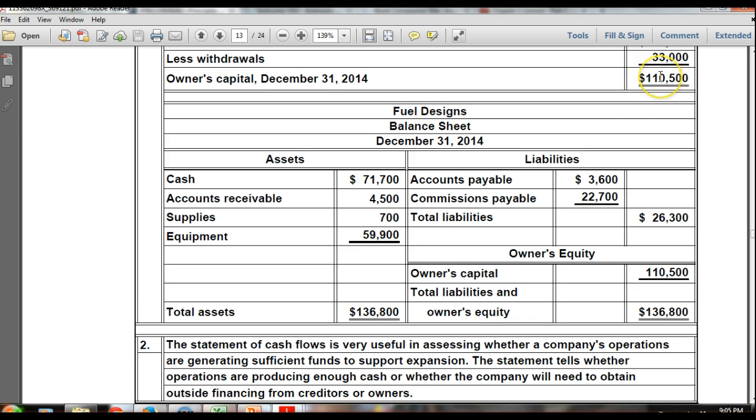Right above, didn't we? Do you see what I'm saying? So do you see how our total assets of 136.8 equal our total liabilities of 26.3 and our owner's capital of 110.5? Does that make sense, guys?